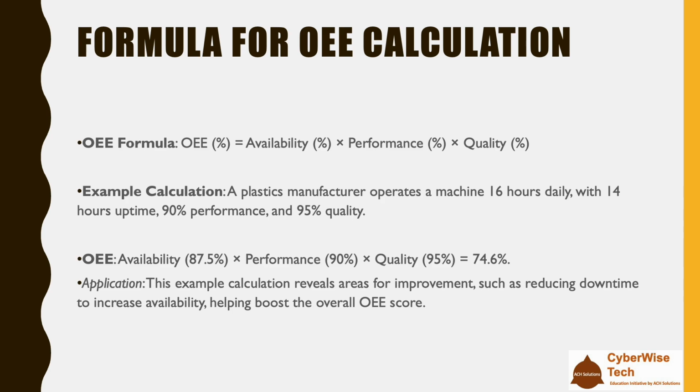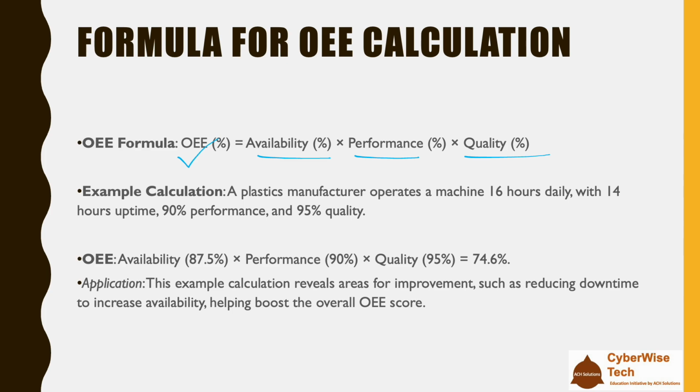Now calculating OEE is simple. You multiply the percentages of availability, performance and quality, and then you get your OEE percentage. For example, let's say a plastics manufacturer operates a machine for 16 hours a day with 14 hours uptime, 90% performance and 95% quality.